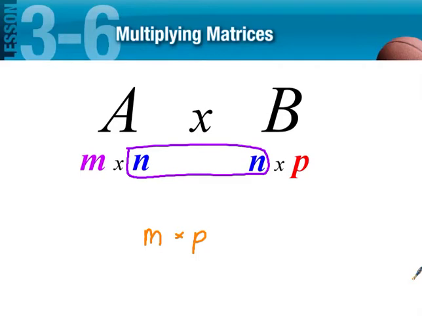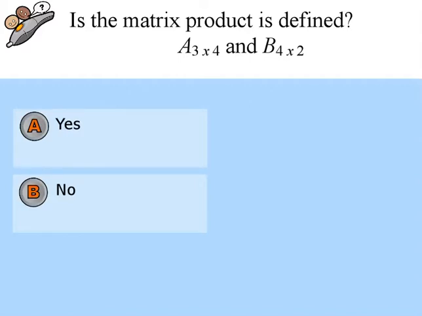And so now, we're going to actually look at a few examples on your expressions. So is the matrix product defined? Could you take A times B?